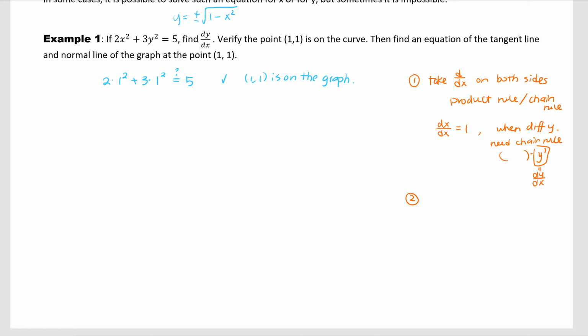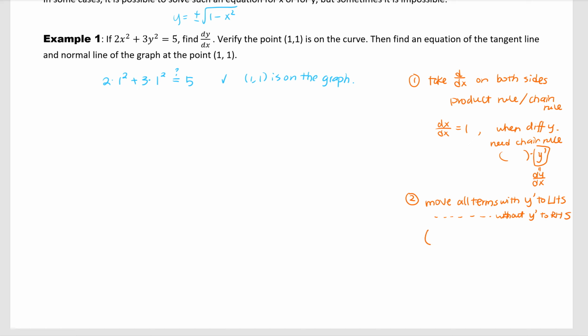Second step: you separate the terms with dy/dx and the terms without dy/dx. You move all the terms with dy/dx to the left hand side, and move all the terms without dy/dx to the right hand side.